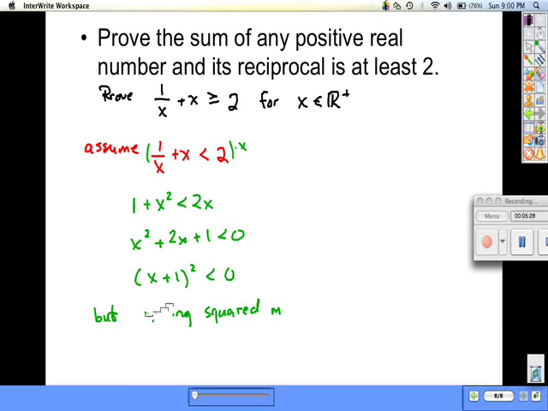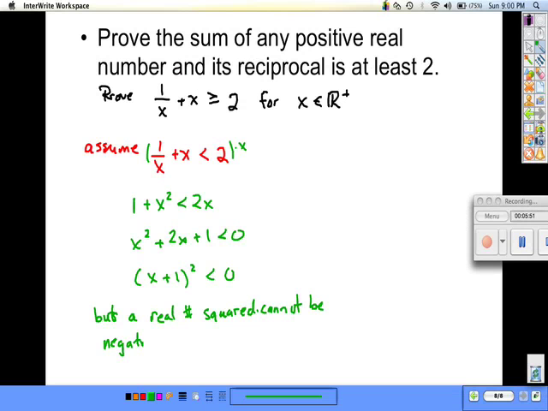But a real number squared cannot be negative. So 1 over x plus x is greater than or equal to 2 by contradiction.